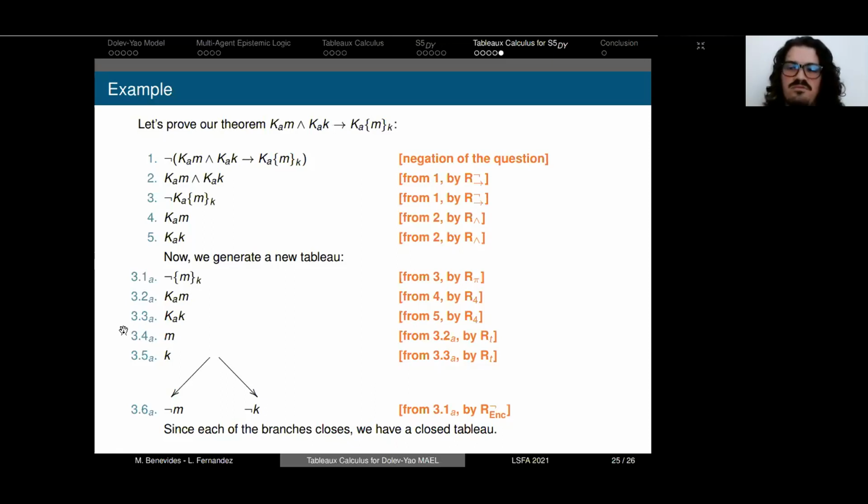Now, the only thing we can do is use the rule not encryption in the formula not M under K. So left-hand side, we have not M, contradiction with line 3-4A, and right-hand side, we have not K, contradiction with line 3-5A. So we also have proved this theorem.